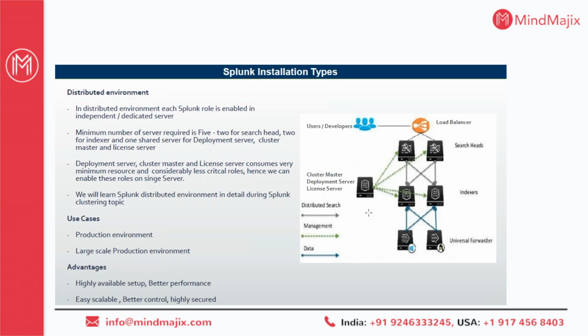To start with, we begin with a minimum of 5 machines for Splunk in production. It can be 5 Linux servers or 5 Windows servers. We install Splunk across all 5 nodes and then specify that 2 nodes function as search heads and 2 nodes function as indexers.